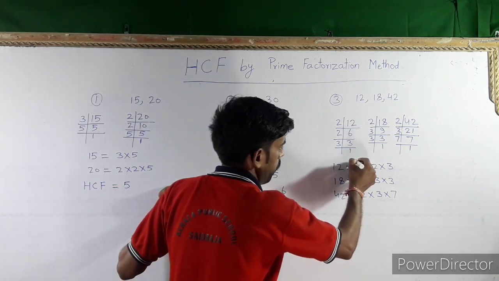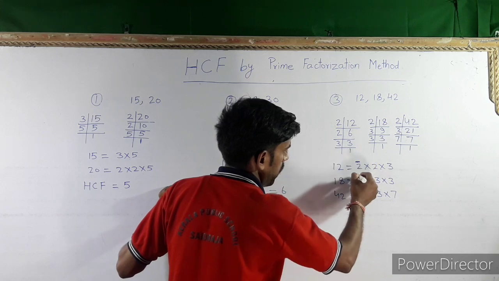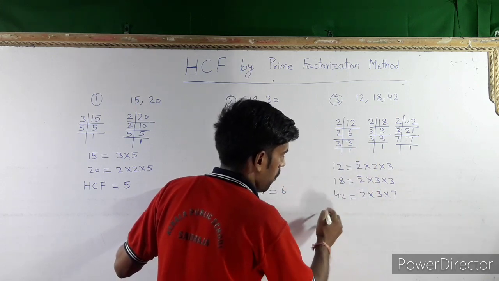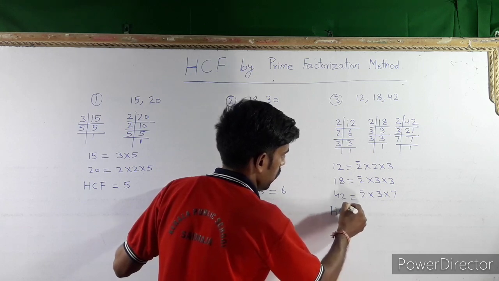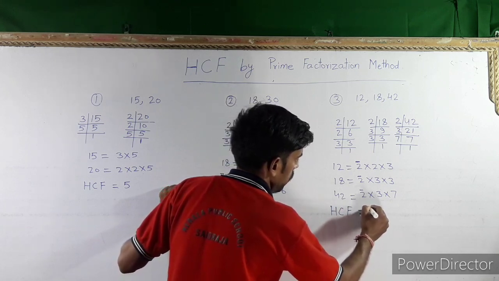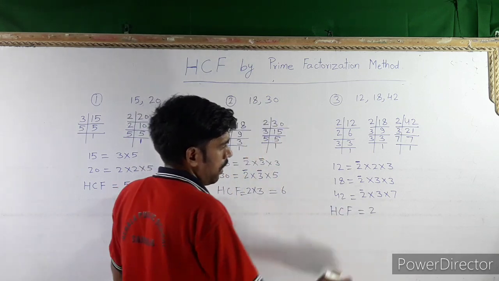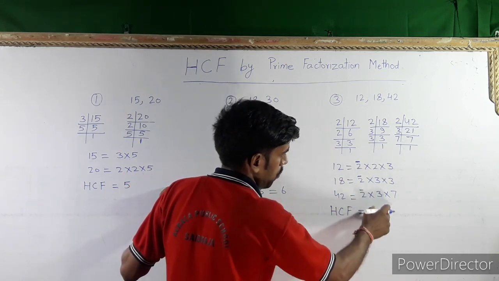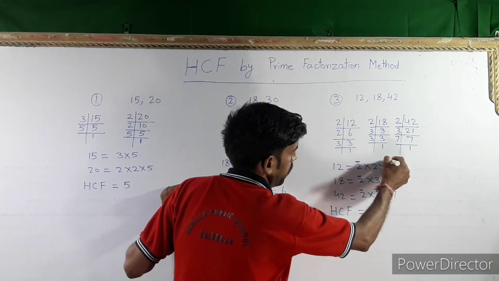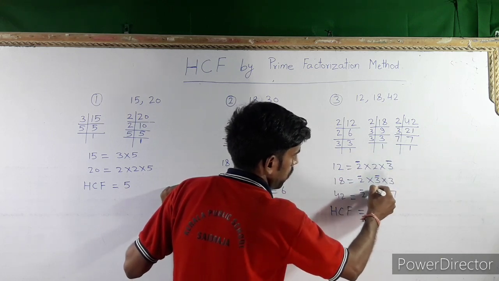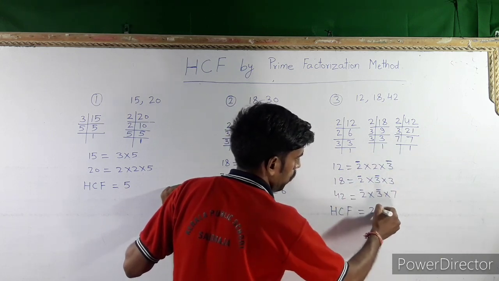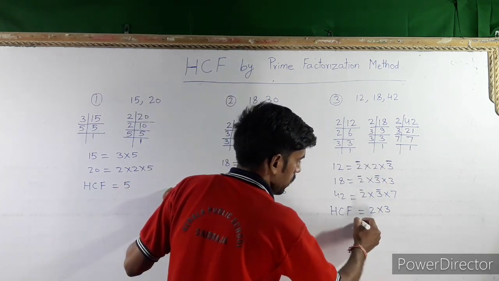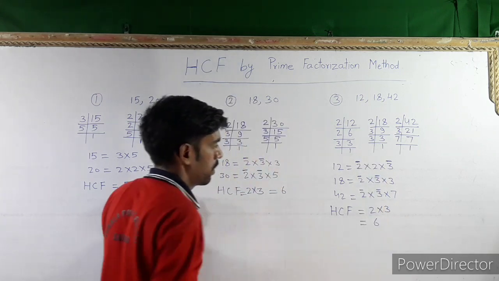First number, second number, third number: 2 is common, so HCF is equal to 2. Next, the second 2 is not included in all the numbers, so leave it. 3 is in all 3, so 3 is also taken. 2 3s are 6, HCF is equal to 6.